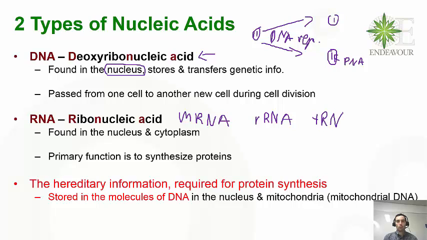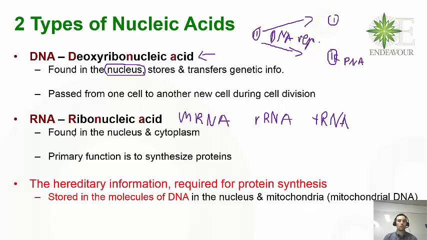So we'll have a look at the roles of these a little bit later, but just briefly, the messenger RNA will allow us to take the code from the DNA and out into the cytoplasm, where it's actually required to make the protein. So the rRNA is a component of the ribosome, and then the tRNA actually brings in our amino acids to start growing the protein chain based on the code that's on the mRNA strand.